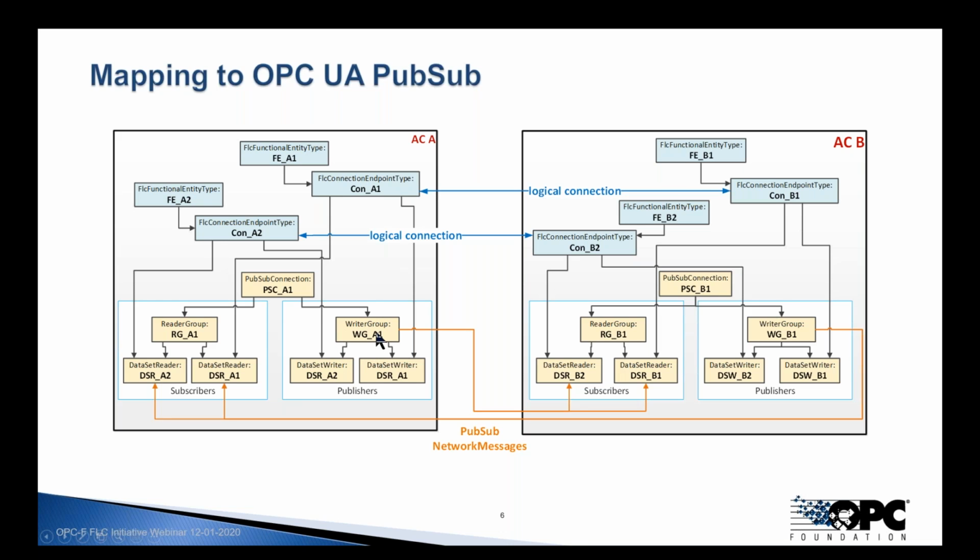Inside that writer group, it refers to two dataset writers, one containing the information from functional entity A1, and the second one containing the data from functional entity A2. This will go over the network as one network message containing the two dataset messages, containing the data from two functional entities.